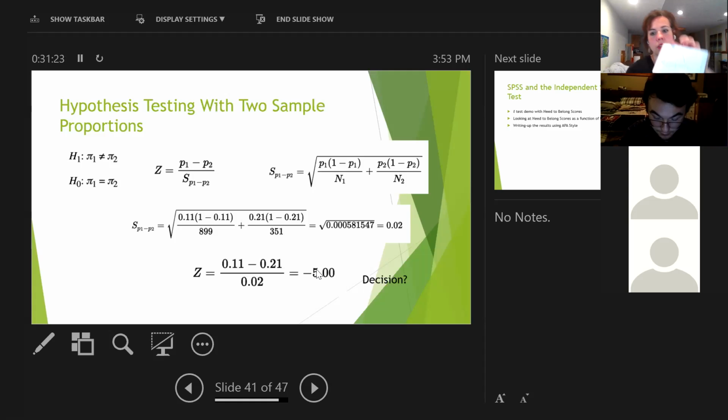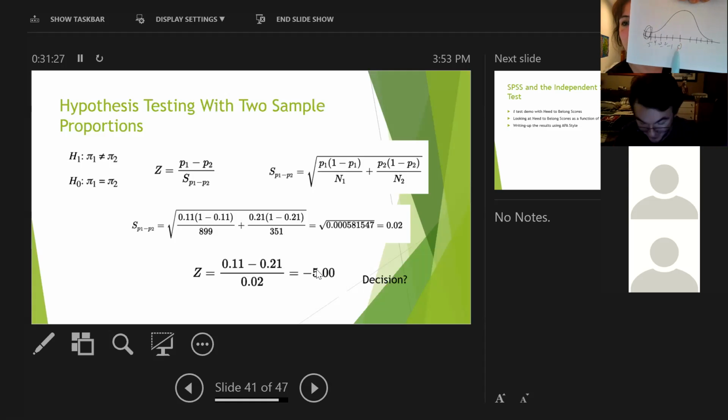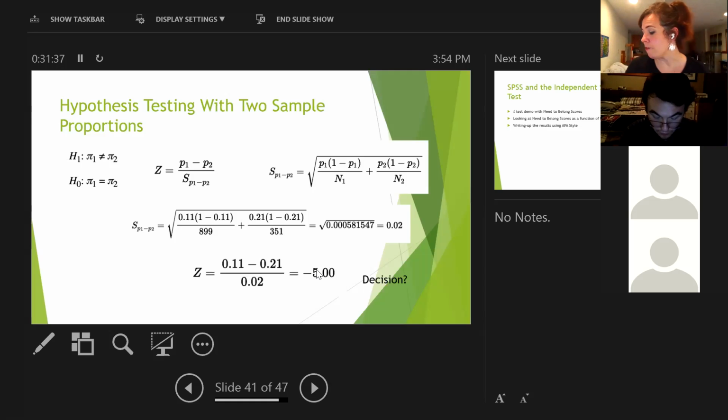So, there's my doodling. If my mean is 0, each standard deviation here is a different score. That's z-score -1, -2, -3. I am way out here in the tail. So that's very significantly different. So I would reject the null hypothesis because they are in fact not the same. So I reject.